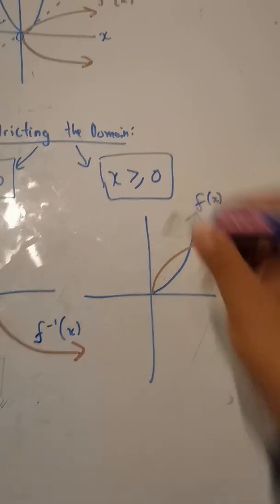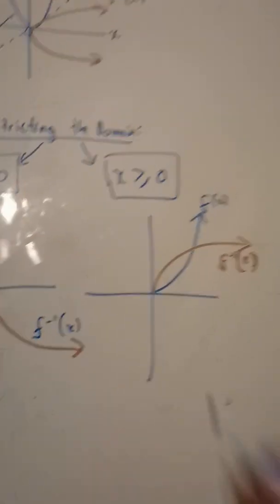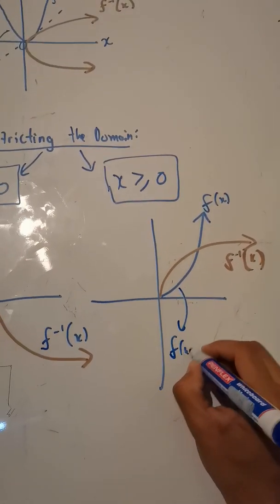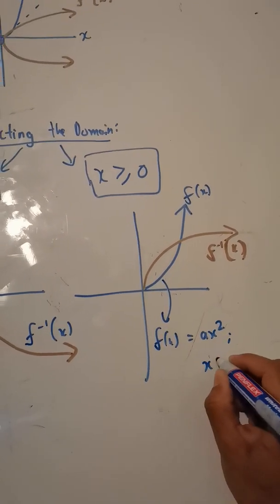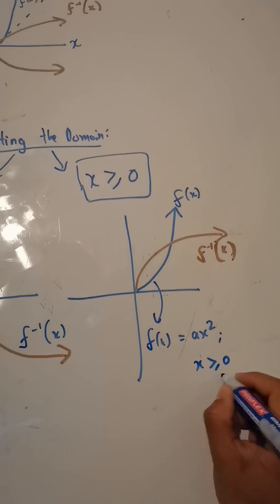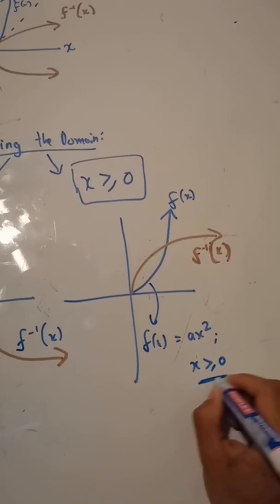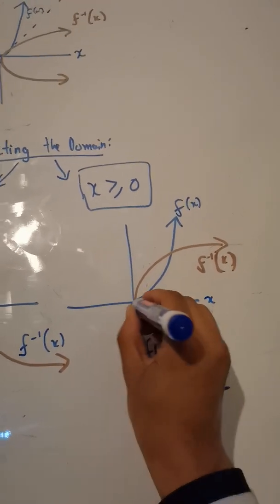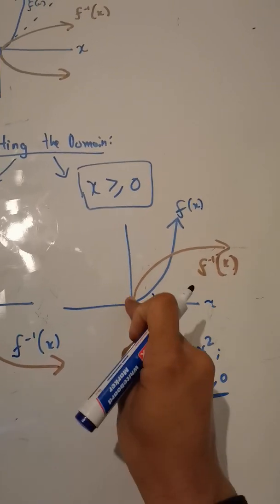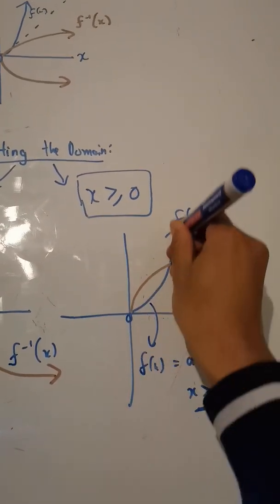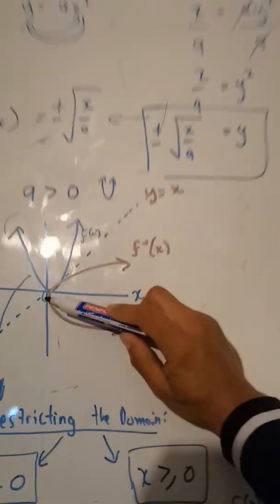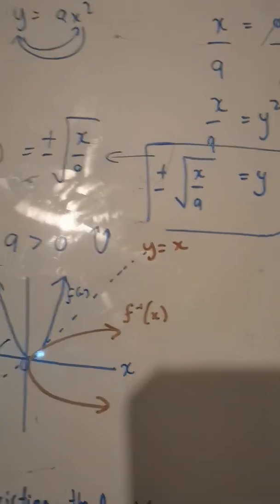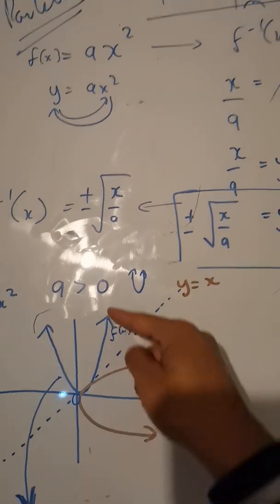Remember, in this case, our original graph is f of x is equal to x squared, and x is more than or equal to 0. We are restricting the domain by saying that x must always be more than or equal to 0, to the right of 0, meaning that you must only take your right arm into account, and the inverse will be this over here for the right arm of the original parabola.